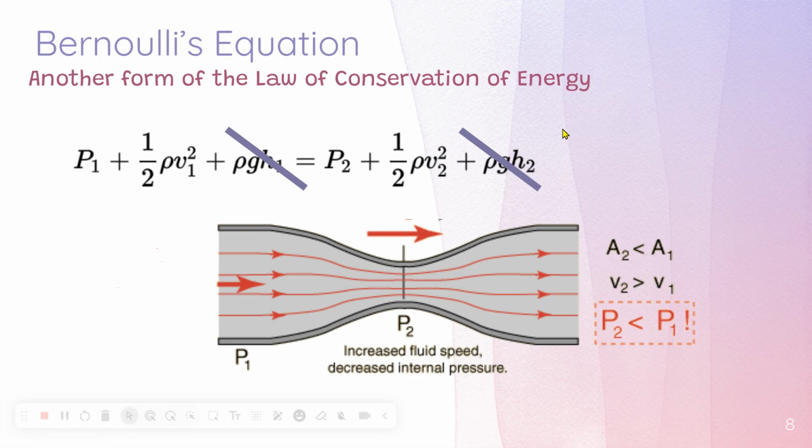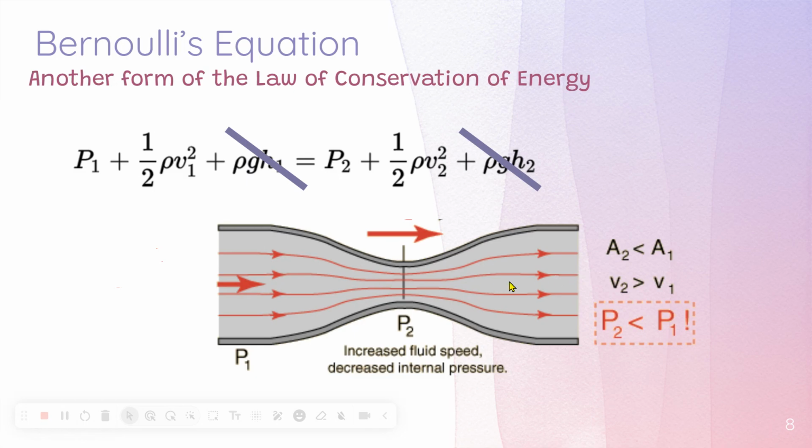Okay. And then we have the same thing on the other side. So as we move from P1 to P2, okay, we can go through and look at what's going on. If I look at this, I don't change the height of my water. When we look at the height of the water, we look at what's called the midline. So we just draw a straight line through the middle of my pipe.